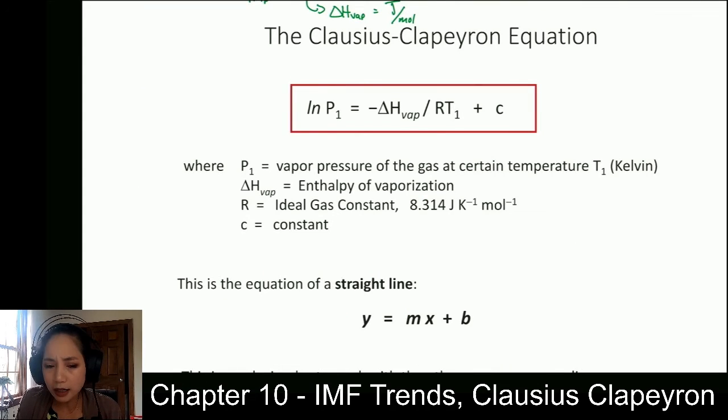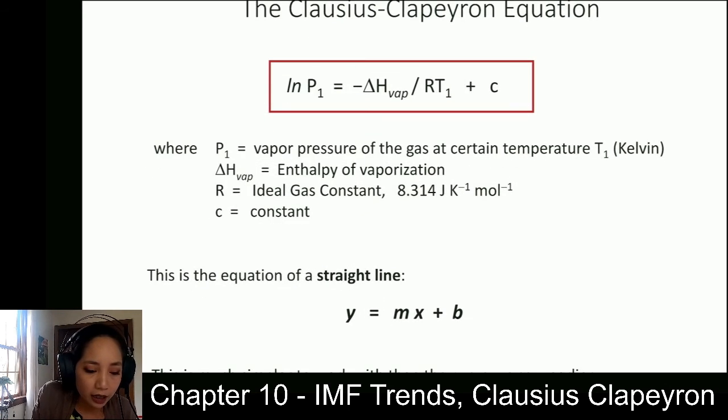So this slide explains exactly what I said before, going through each of the different variables in our Clausius-Clapeyron equation. You may be asking yourself, why do we have to put the natural log in front of vapor pressure? The reasoning is that if we take the natural log of pressure and do negative delta H over RT plus C, putting all of that vapor pressure and temperature information in this form gives us a straight line where ln of pressure equals y.